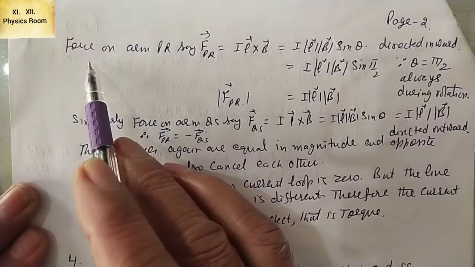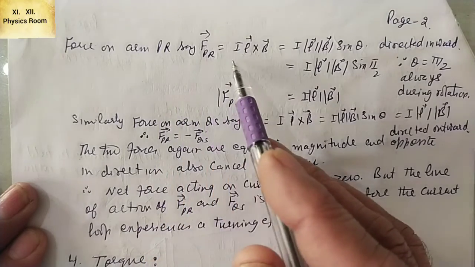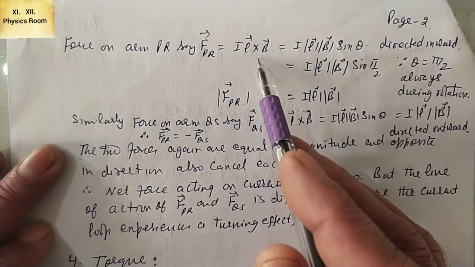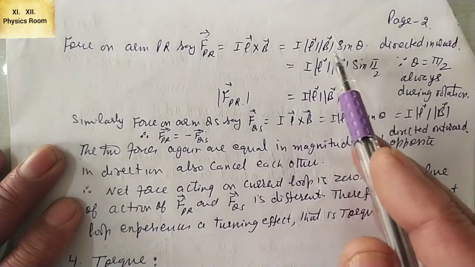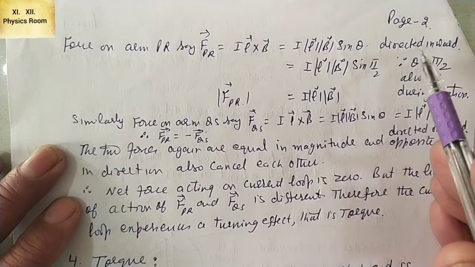Now consider arm PR. Force on arm PR, say FPR, will be equal to I L cross B, equal to ILB sine theta, directed inward.